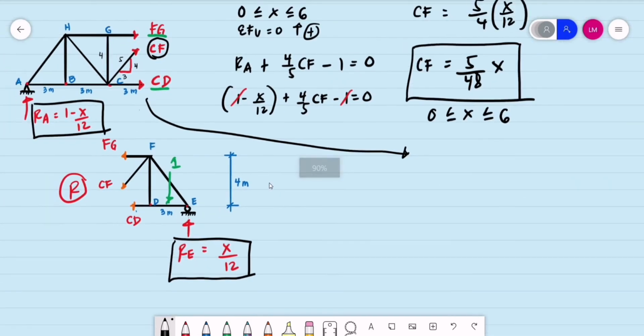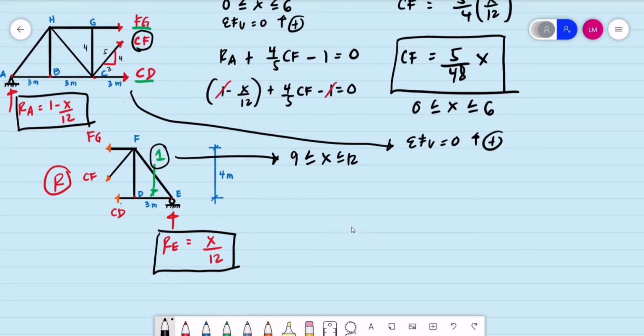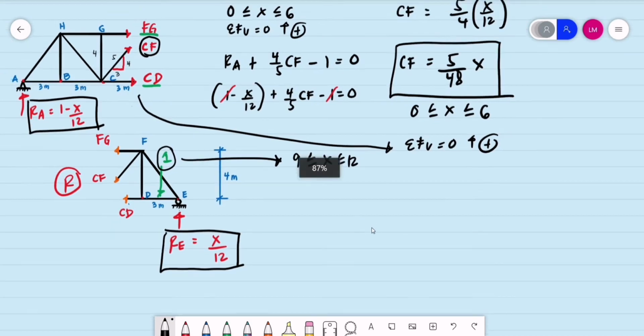If we do the summation of forces vertical equal to 0, assuming upward forces to be positive, considering our interval this time, the location of the 1 unit load is already on the interval 9 ≤ x ≤ 12. Or you can also use the right side, but I'll be using the left side this time.